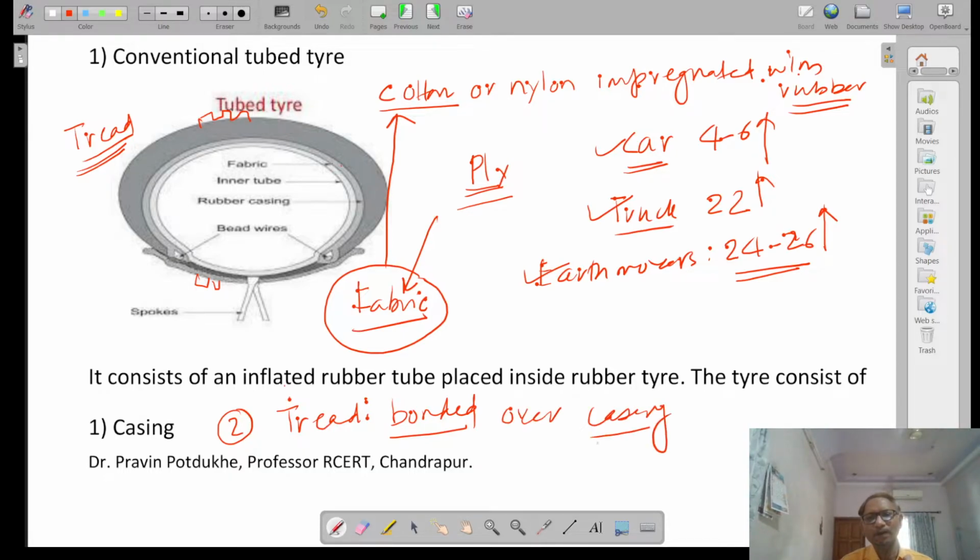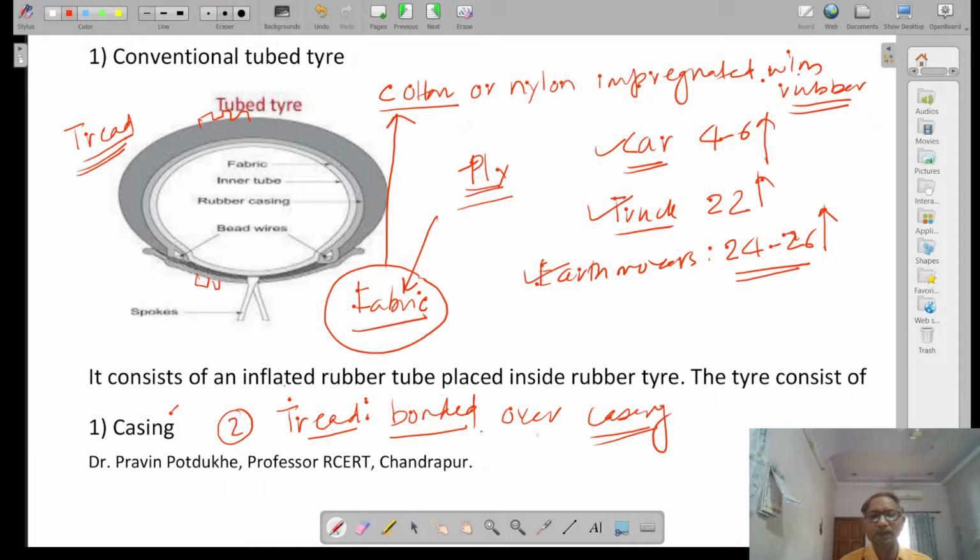So if you see the conventional tire, we have a tube, above the tube we have the casing, the casing has ply, and above the ply we have a tread which is bonded over the casing. The materials used for the treads are natural or synthetic rubber.